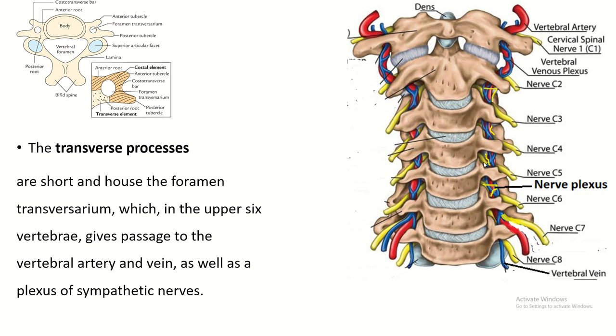The upper six foramina transversaria contain the vertebral artery, vertebral vein, and plexus of sympathetic nerve. But the seventh foramen transversarium lodges only the vertebral vein and plexus of sympathetic nerve.